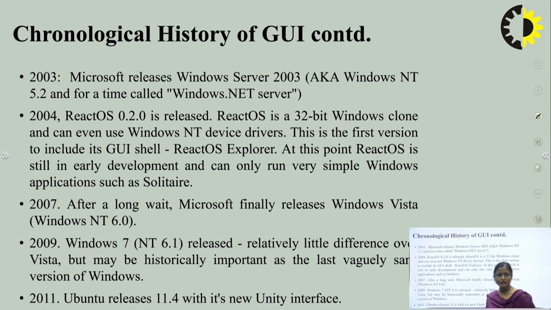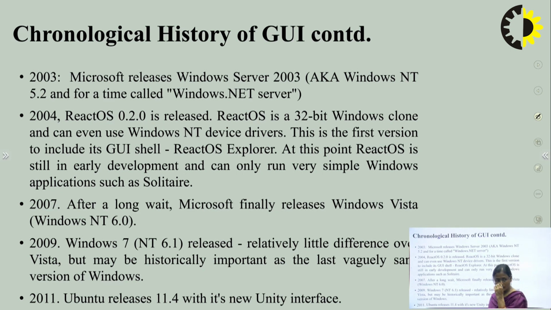In 2007, after a long wait, Microsoft finally releases Windows Vista, that is Windows NT 6.0. And in 2009, Windows 7, that is NT 6.1, released. Relatively little difference over Vista, but may be historically important as the last vaguely sane version of Windows.